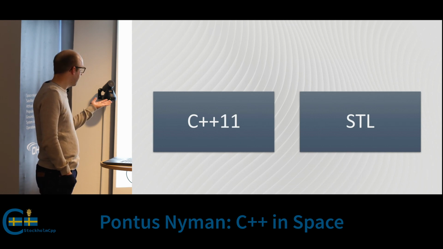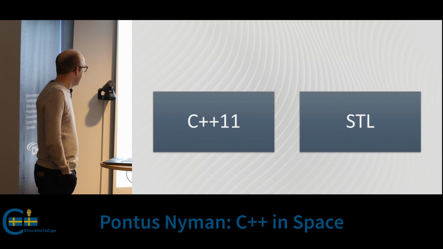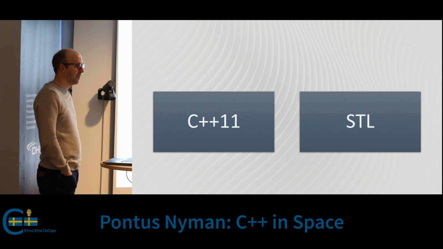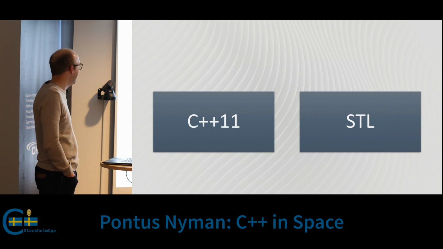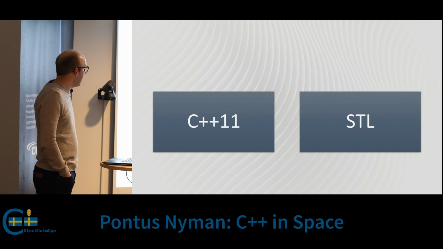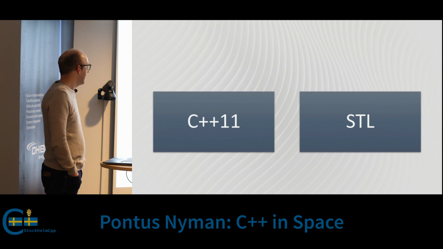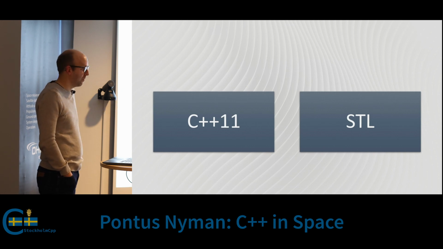And then there was this new shiny thing called C++11, which made C++ like a new language. So they decided to use that. So we were probably the first satellite doing that. And all embedded programmers are always skeptic about new stuff. Using the STL was also unheard of.